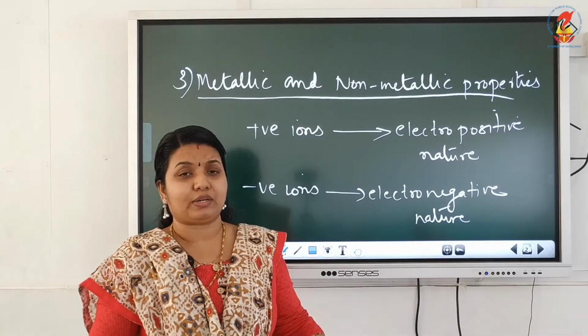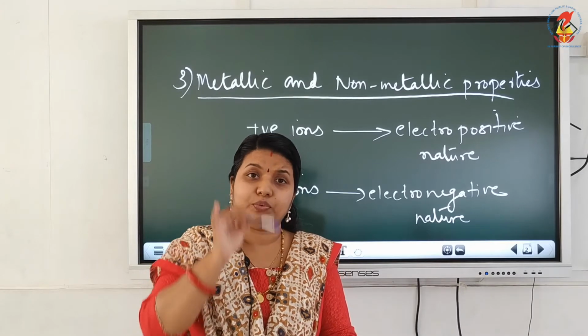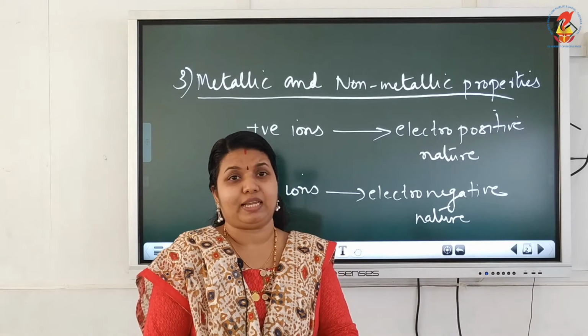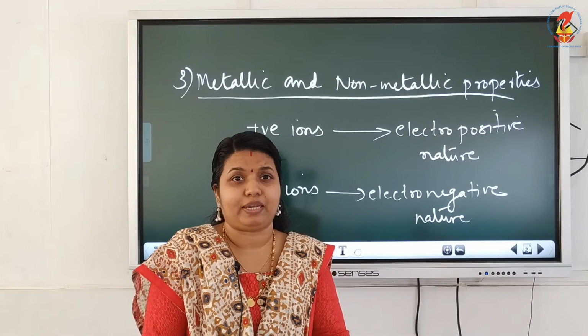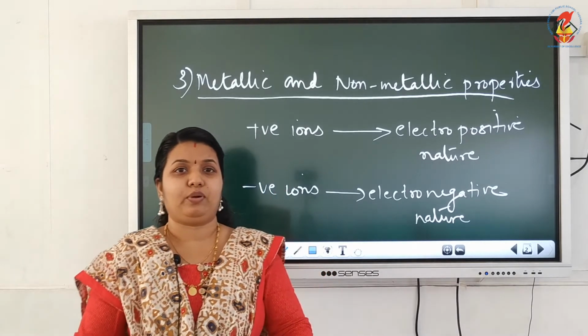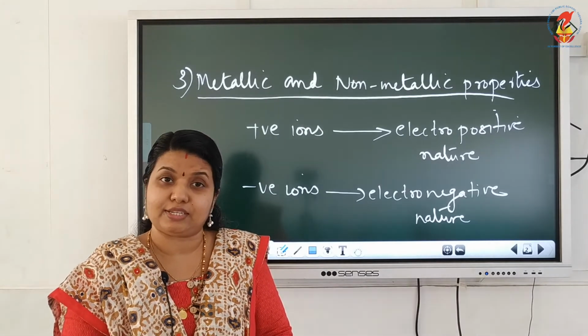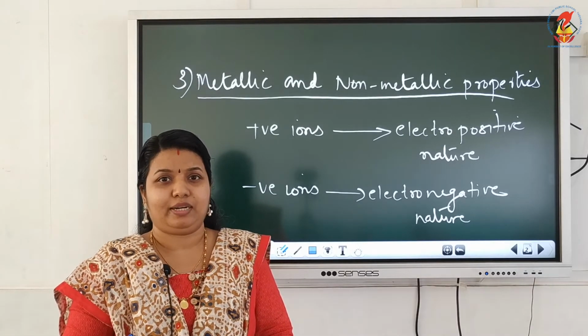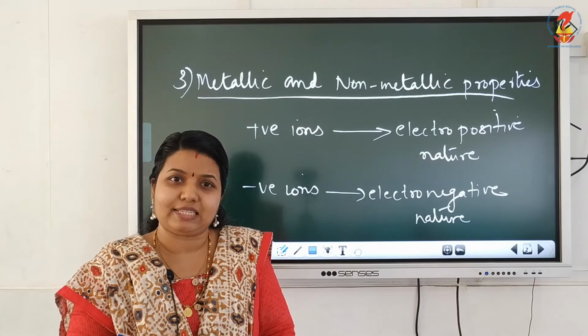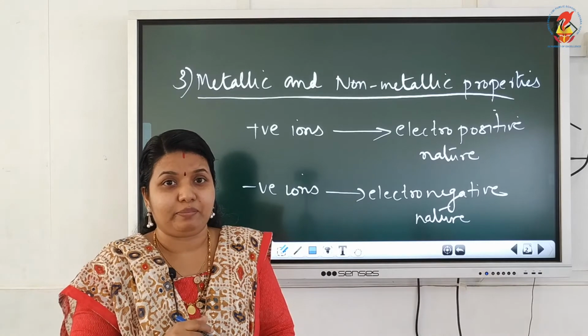What happens to electronegative character down the group? Down the group we have already seen, as you move down the group, it is metallic property that is increasing. So, non-metallic character will be decreasing down the group. Non-metallic character is the tendency to gain electron. Tendency to gain electron will be less as you move down the group because the effective nuclear charge will be less.